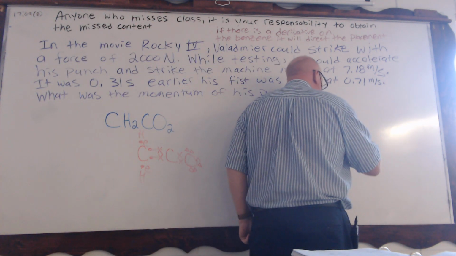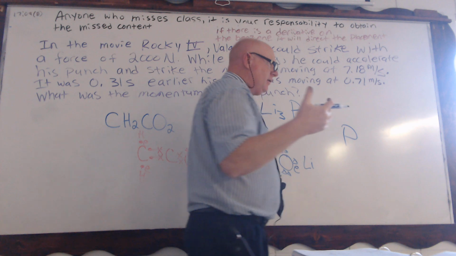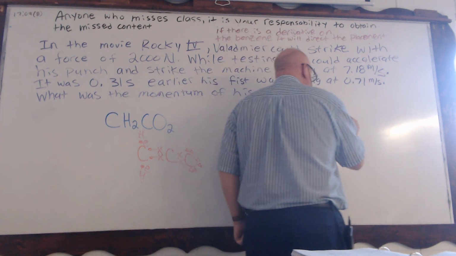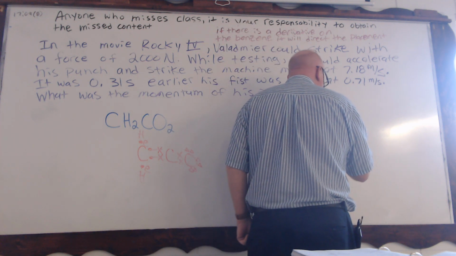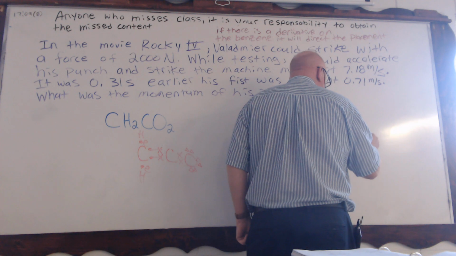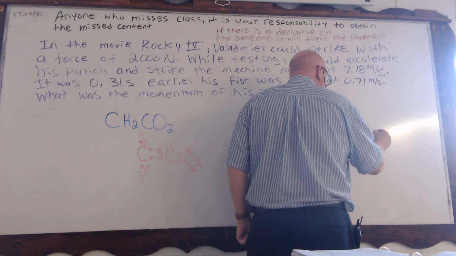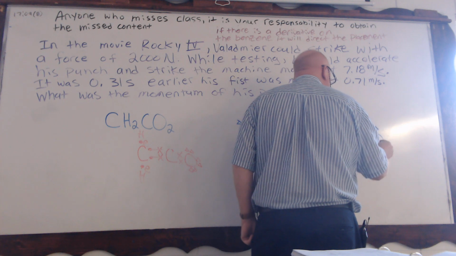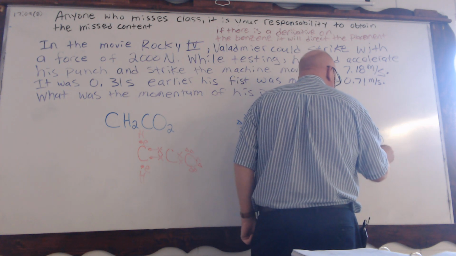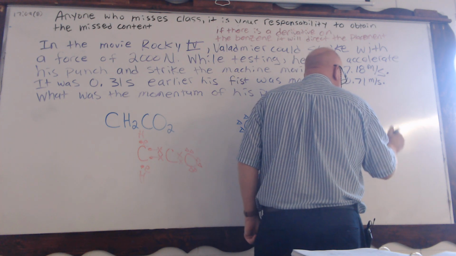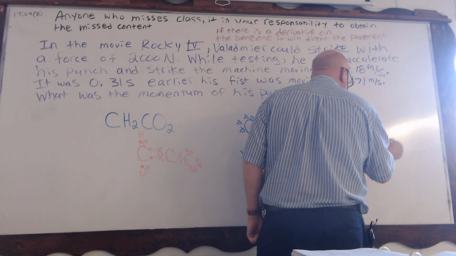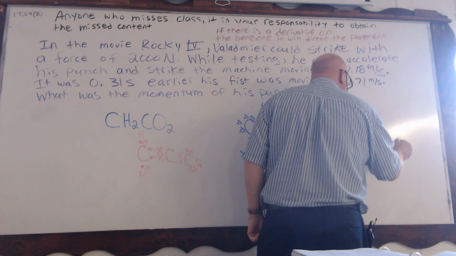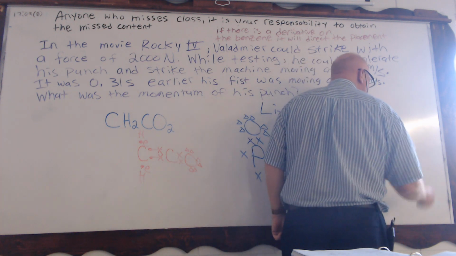I know some students are going to do something like this, and they're going to create a bond here. Oops, triangle, triangle. Then they're going to put another oxygen here, and then another oxygen.